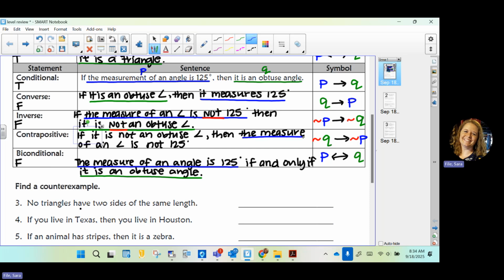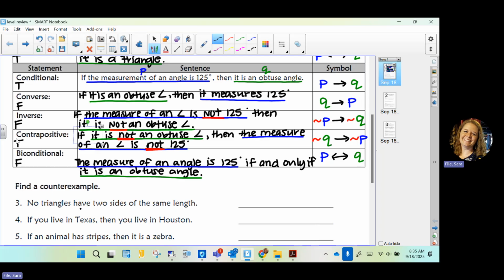So I moved the P to the end and added that word not. Q is at the beginning. We added the word not. So if an angle is not obtuse, then it is not 125. That's true. If it's not obtuse, it cannot be 125.